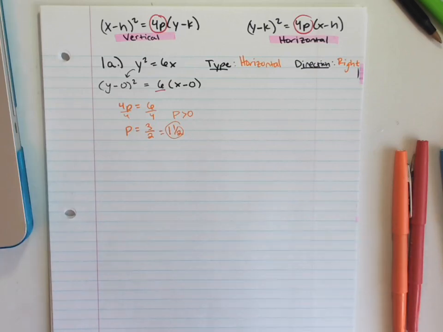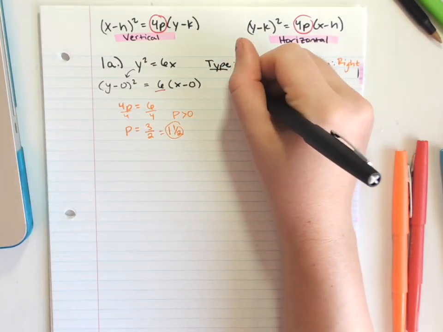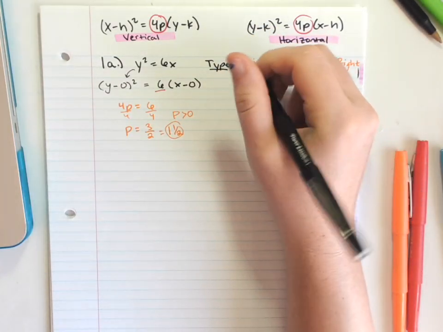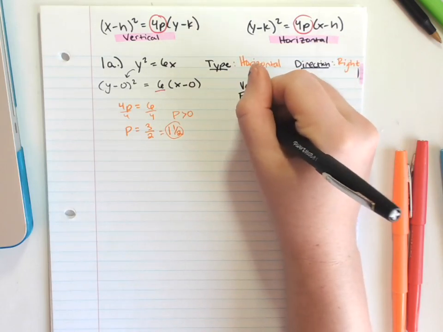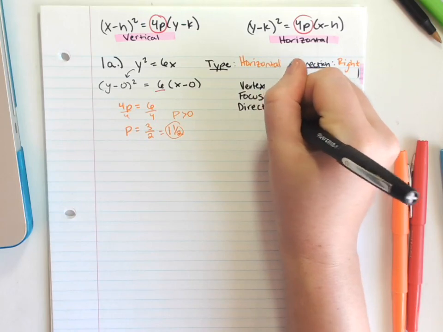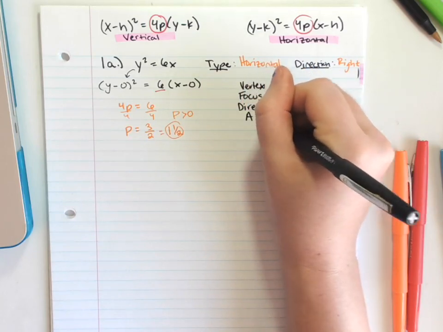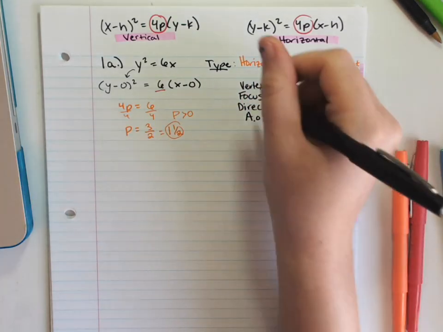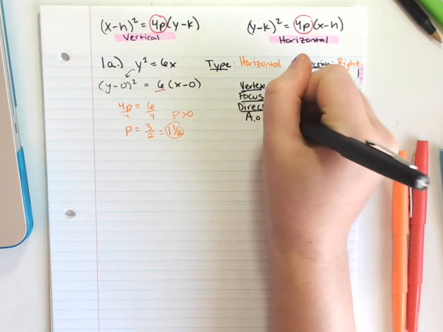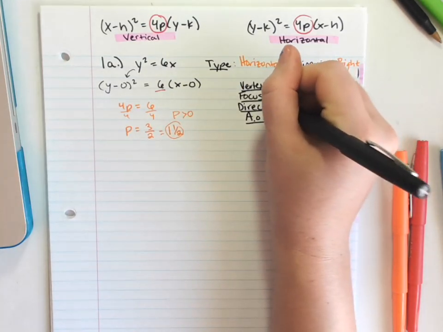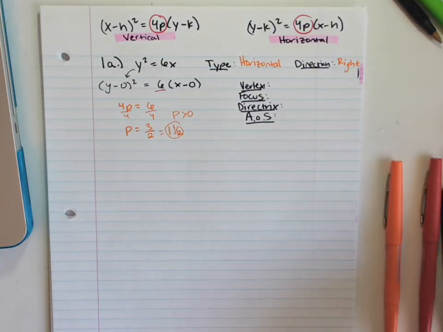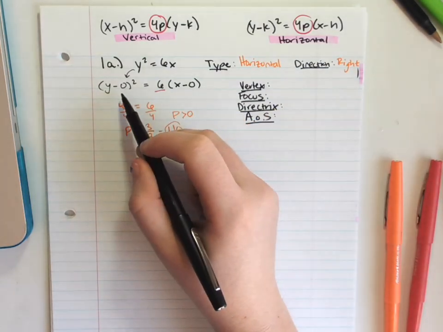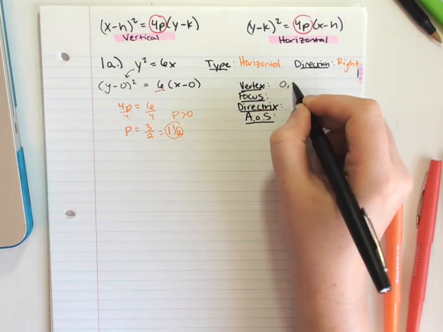Cool. Let's talk about all the other pieces of information that we need. Vertex, focus, directrix, and the axis of symmetry. So the vertex is 0, 0, h and k.